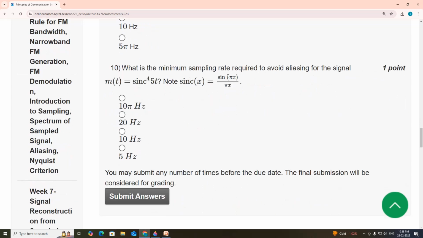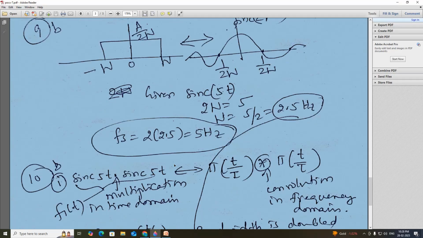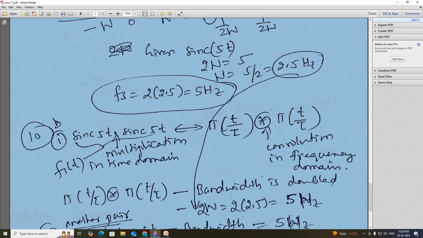Last one, what is the minimum sampling rate required to avoid aliasing for this signal? This is a little complicated. Anyhow, we will try to do it. First we will consider sinc pi t into sinc pi t. Multiplication in the time domain becomes convolution in the frequency domain.